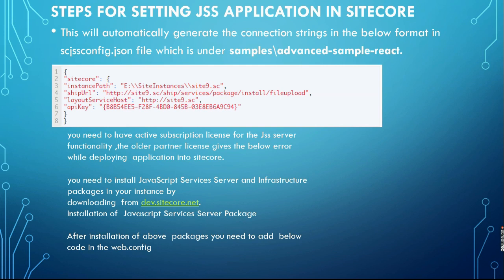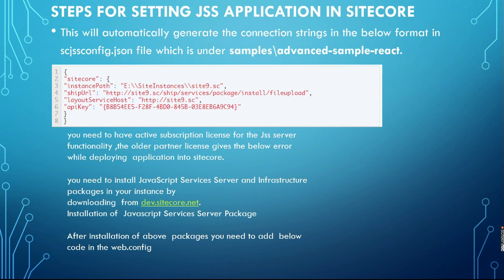Next is setting up the JS application. After you run the npm setup, it will create a scjssconfig.json file in your solution. That file will have all the details you provided during the setup.